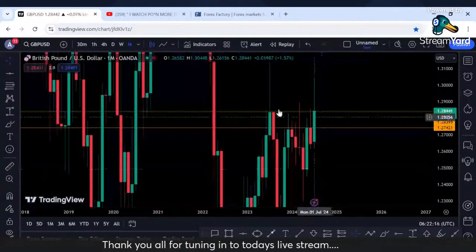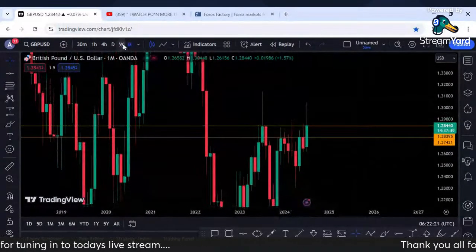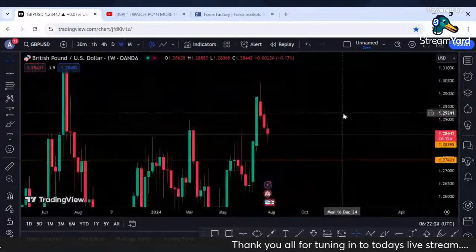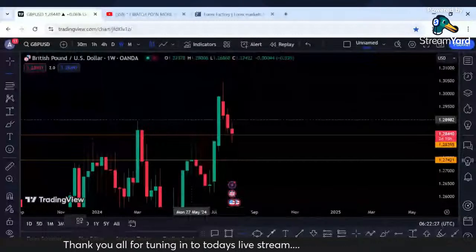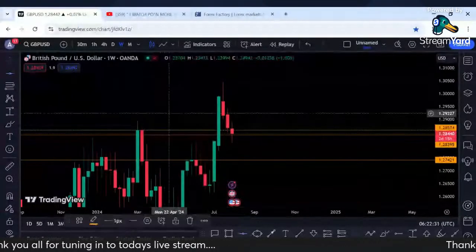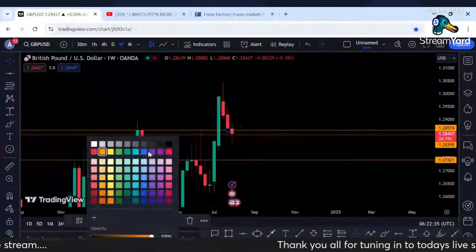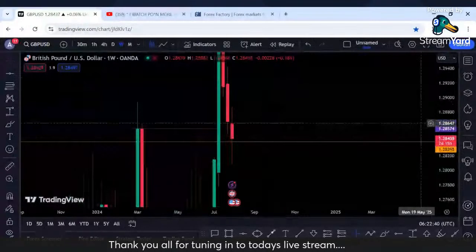There was a reason why I only indicated it over here, and you'll know when you go through the course. On the weekly time frame, we have a support over here too, and I will use a different color to represent them.